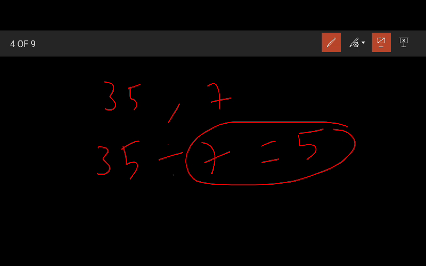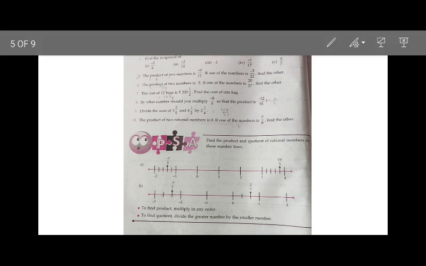So like this, what will we do here? We take the product divided by the one number. Here the product of two numbers is minus 17 by 36 and one number is 34 by 27.